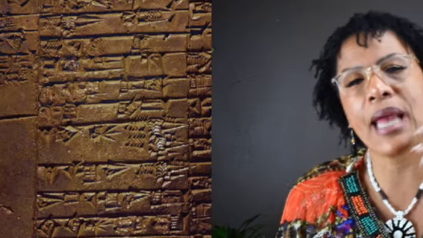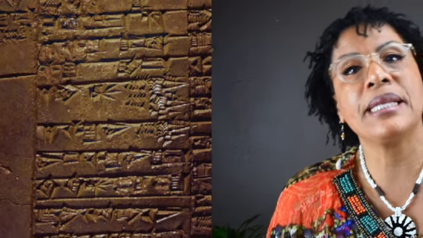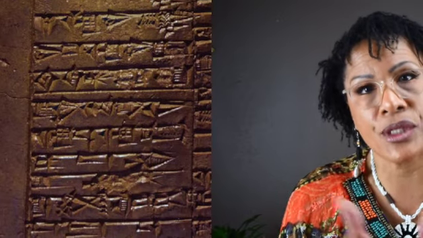Let's get to it. Today's topic is about soap. And soap is important to us as people of color. What we know of the first origins of soap, it was created in Mesopotamia. We know where Mesopotamia is. And there's actually a tablet, and I'll put a picture of it. This tablet is the first, or the oldest known, recipe for soap.